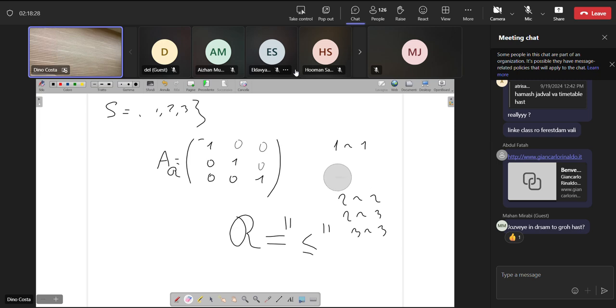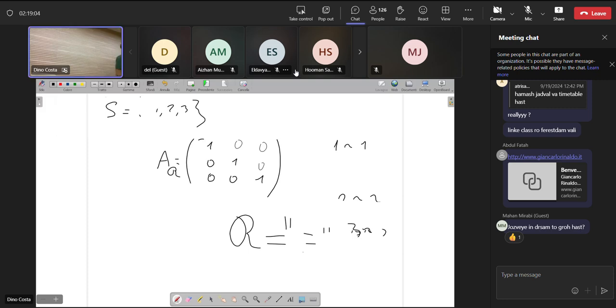So we have only 3 related with 3, 2 related with 2, and 1 related with 1. So in this case, the relation is the equality.